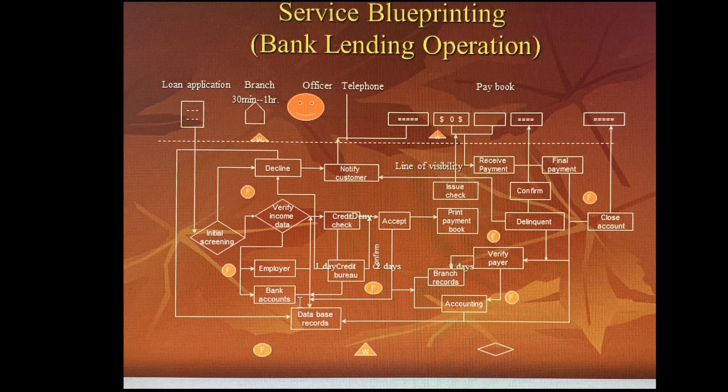If they are not satisfied here also, they decline your loan application. If everything is okay, they go for verifying the payer, and they come and check the reason for taking the loan.